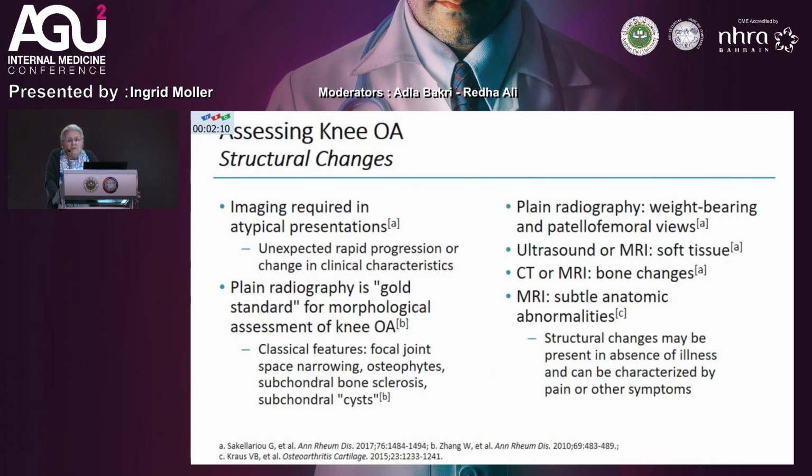The joint that we assess the most is the knee OA joint, because it's the one where we have more standardization. When do we assess that? Well, mostly in atypical presentations, when we have rapid progression or a change in clinical characteristics.